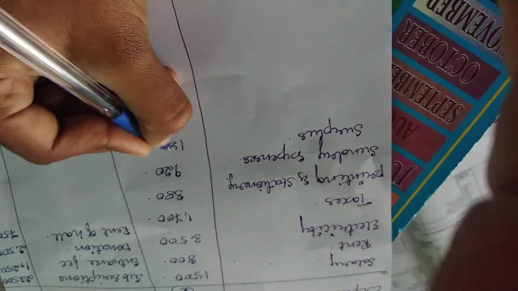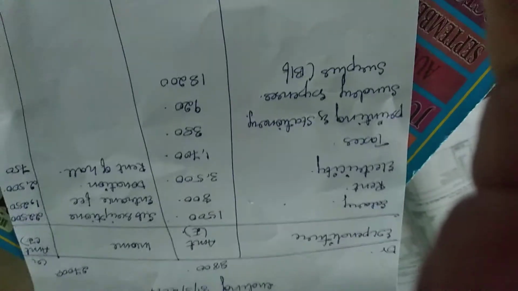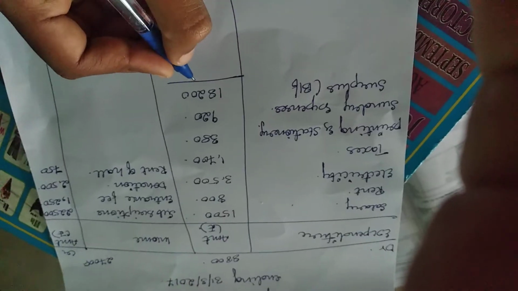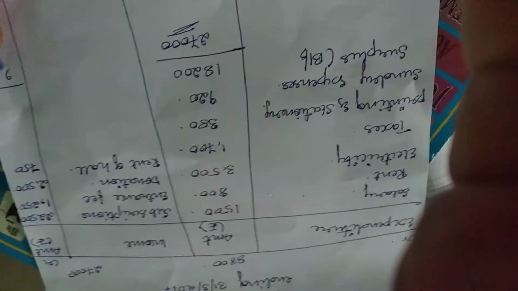It comes to 18,200. This is a balancing figure. So now let us tally the income and expenditure account. It comes to 27,000 on both sides. So this is the solution for the problem.